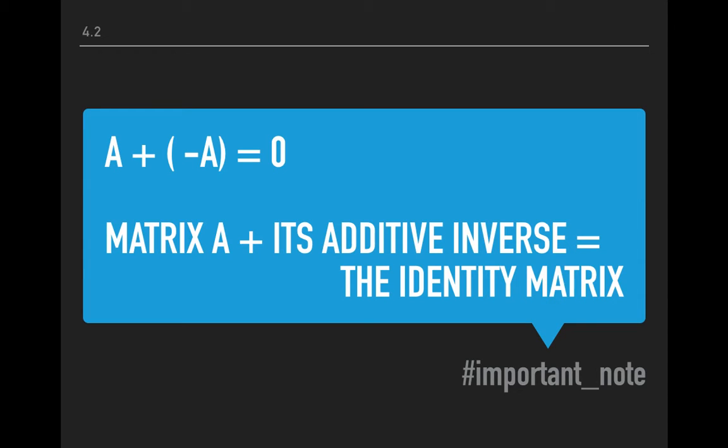It means that every element in that opposite of A is opposite of what was in A. And that's going to give you the identity matrix. Meaning, when you add those two together, you're going to have a matrix with every element equaling 0. Let me show you this in an example.